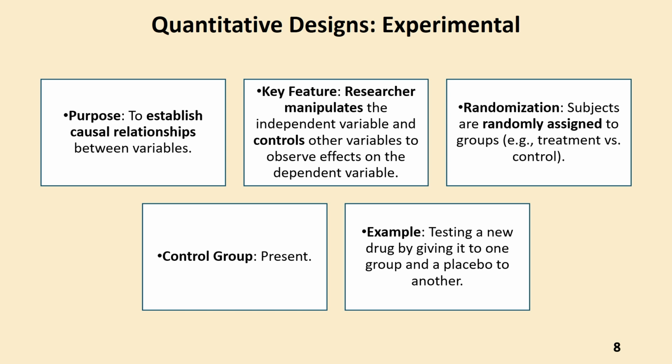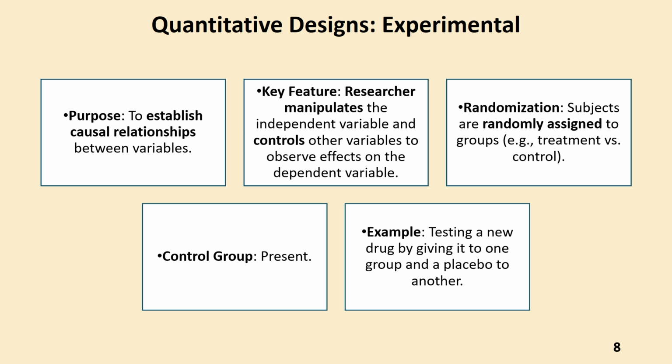Key features: the researcher manipulates the independent variable and controls other variables to observe the effect on the dependent variable. Whenever you have this kind of situation in your research, then you can move towards experimental research design. Randomization: subjects are randomly assigned to groups, treatment and control.